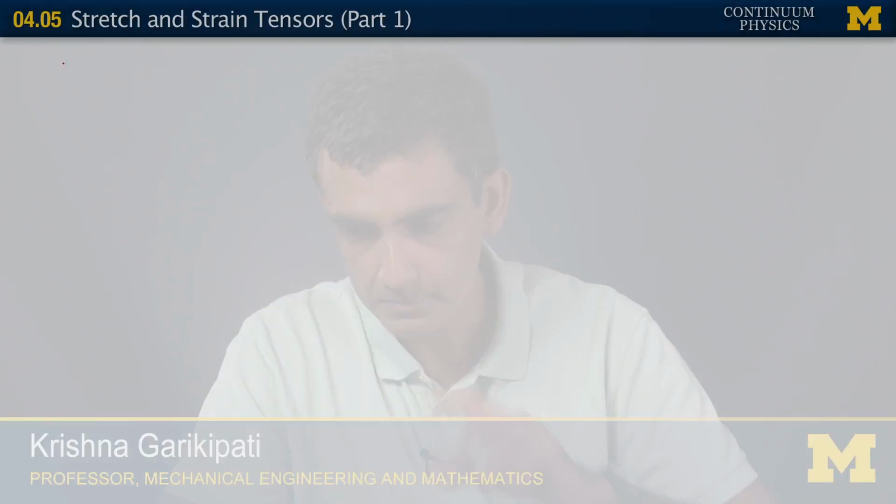So let's just recall one thing about the deformation gradient. That's how we are denoting the deformation gradient, and it is simply this object.